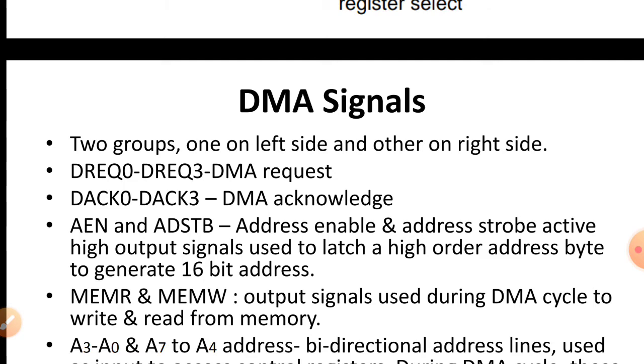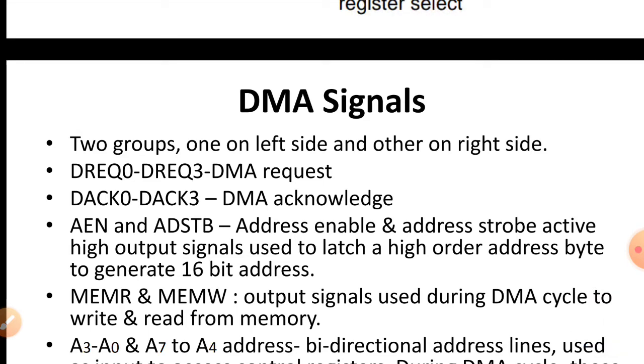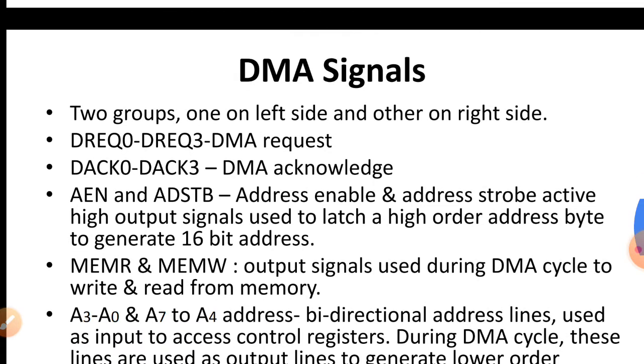Now, come to the left hand side. On the left hand side we have the signals AEN and ASTB. AEN stands for address enable and ASTB stands for address strobe. Both the signals are high output signals, and they are used to latch the higher order address bytes to generate the 16-bit address.